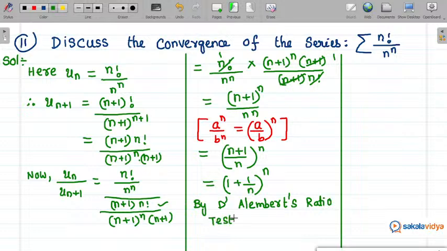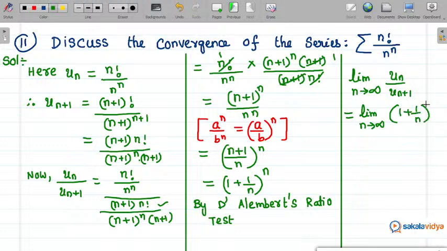What is meant by D'Alembert's ratio test? That means limit n tends to infinity of un by un plus 1. So limit n tends to infinity of un by un plus 1 is 1 plus 1 by n whole to the power of n.